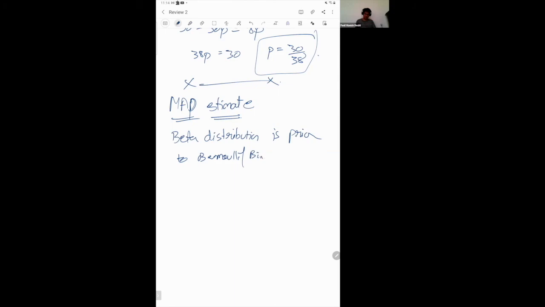It's also prior to binomial, but again, not on n, but on the value p. So binomial would be defined as n comma p, and Bernoulli just p. So binomial with respect to the parameter p, or just Bernoulli with respect to the parameter p.